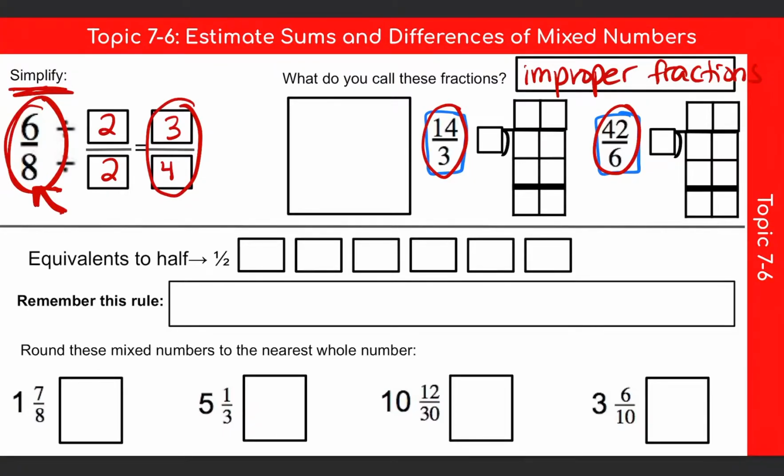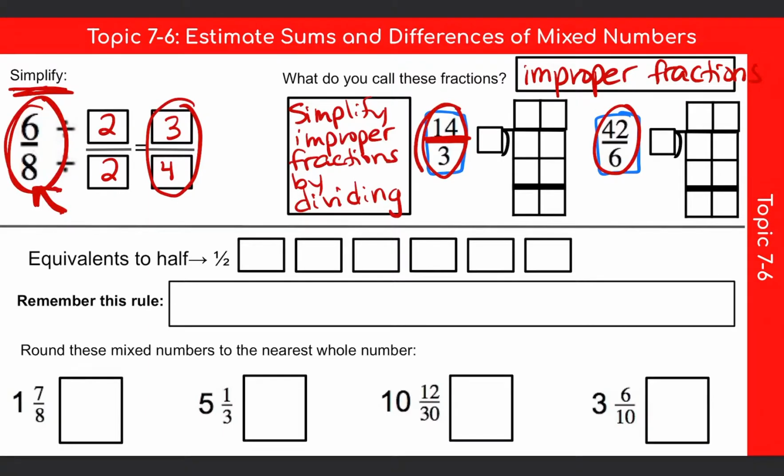So how to do that, okay, we simplify improper fractions by dividing. And you may not know this, but this line between the numerator and denominator stands for division.